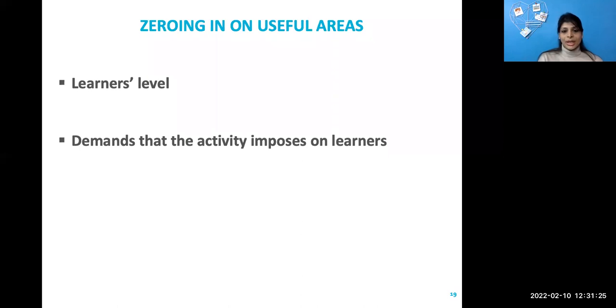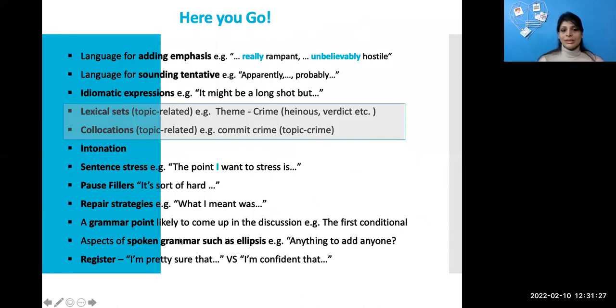For example, if I go back to this list, if I'm dealing with higher levels, I might focus on something like adding emphasis or sounding tentative. And if I'm dealing with a pre-int or an int class, I might focus on something like repair strategies, which would be more useful for them. So the learners' level could really help us choose which areas to focus on.